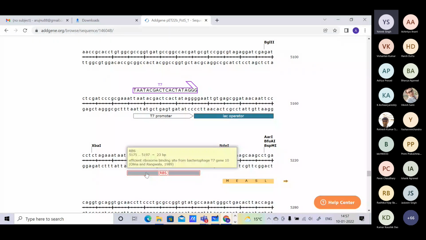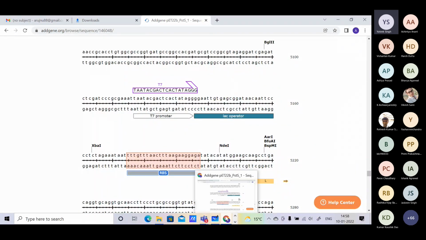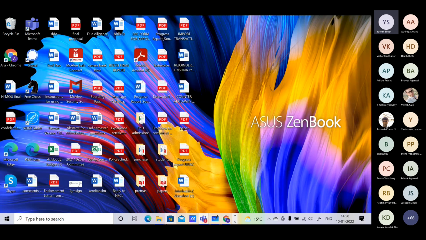You can highlight the RBS, select it, and press Control C, and now your RBS has been copied. You can paste it anywhere you like.